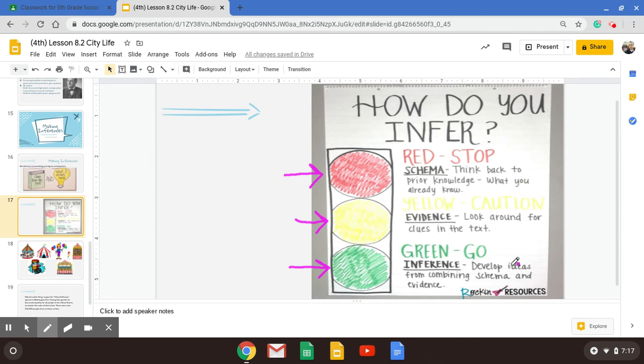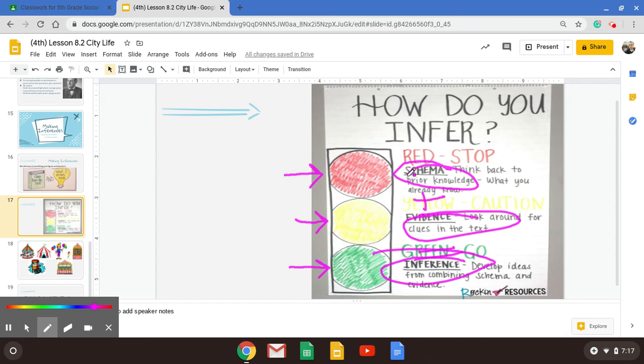Develop ideas from combining your prior knowledge plus the clues from the text equals an inference that you can make. So let's practice.